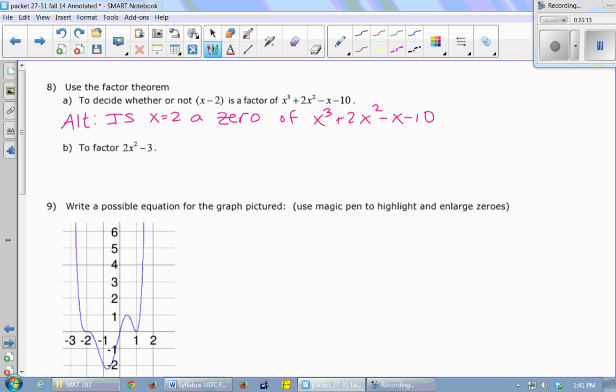Let's see. 0 cubed plus 2 times 0 squared minus 0 minus 10 equals negative 10. So 2 is not a 0, which means x minus 2 is not a factor.